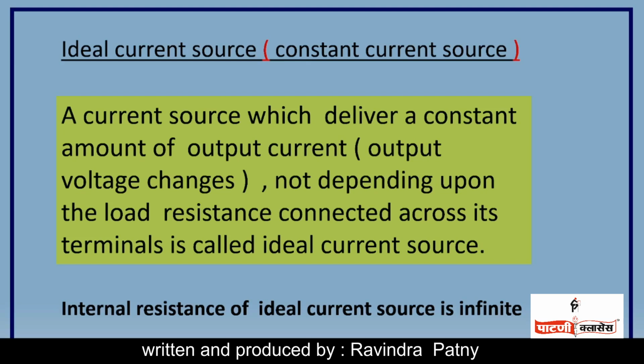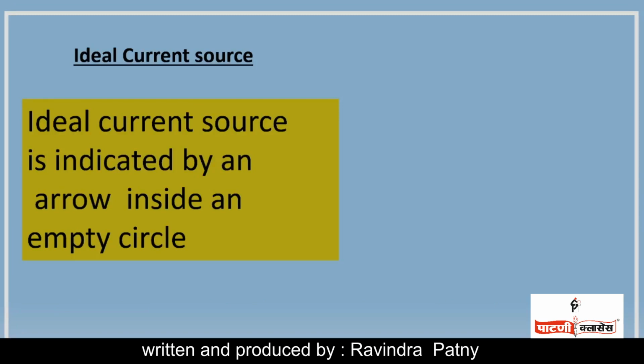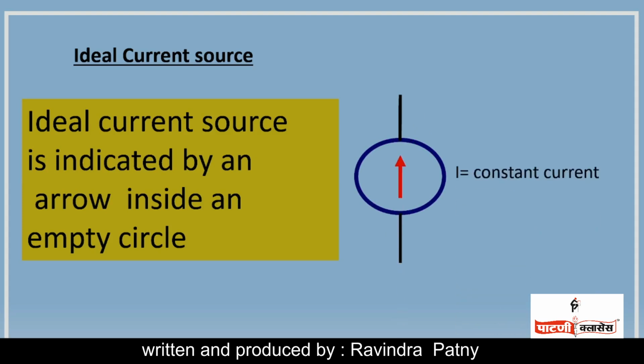Internal resistance of ideal current source is infinite. Ideal current source is indicated by an arrow inside an empty circle, where I equals constant current.